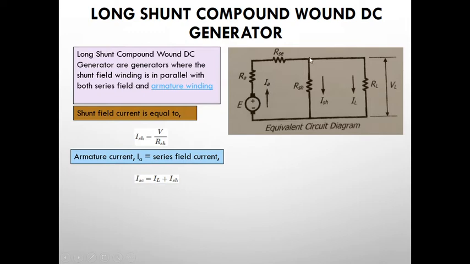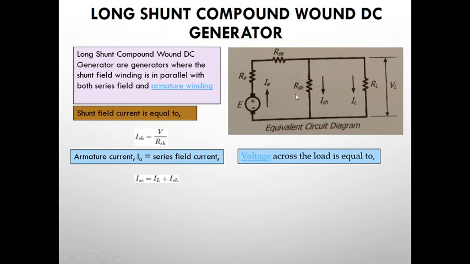By referring to this node, if we assign this node A, current entering is equal to current leaving. Current entering is IA, and current leaving is ISH and IL. That is why IA is equal to IL plus ISH, the current across the shunt field.